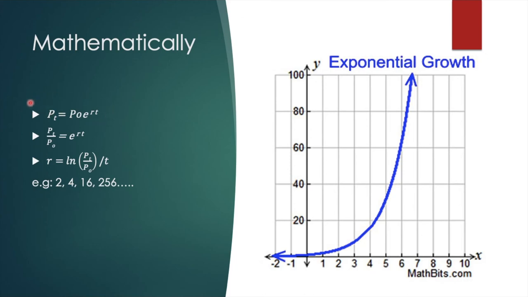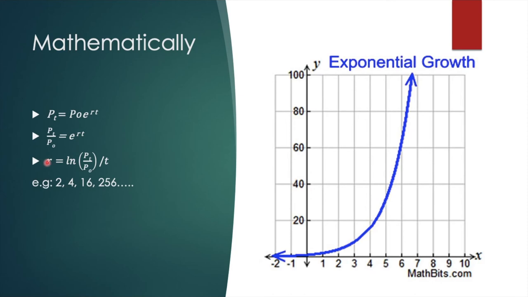From this formula we can also project the population. Suppose P(t) is the population at the year for which we want to project, P0 is the base year population, and e to the power rt. From this equation we can also calculate the growth rate: P(t) by P0 equals e to the power rt. If we take the natural logarithm on both sides, then ln(P(t)/P0) equals ln e to the power rt, and by the property of exponents ln e to the power rt is rt.